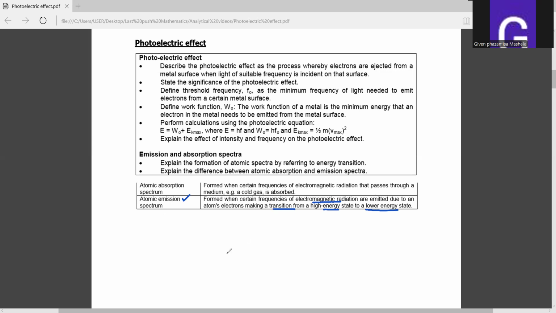Consider we have a prism. It's just an example.